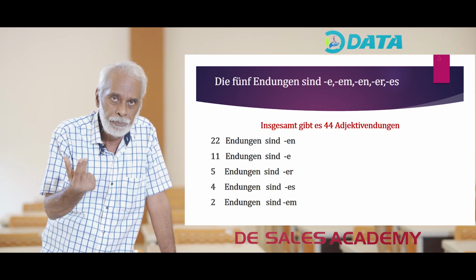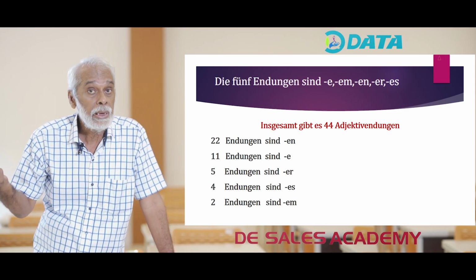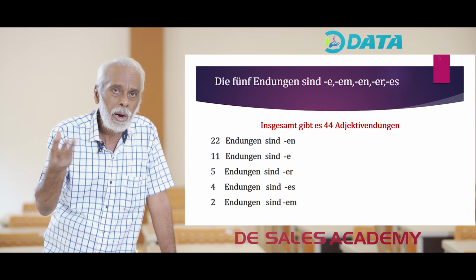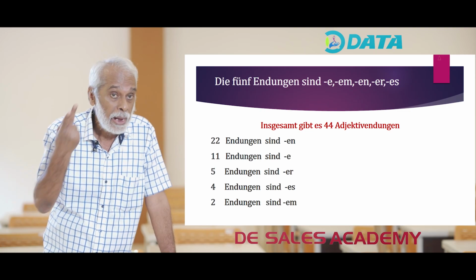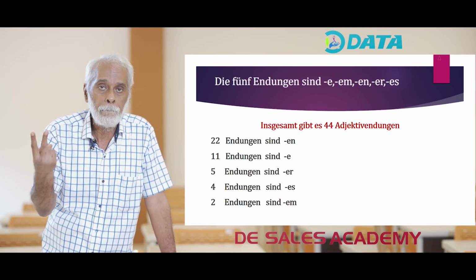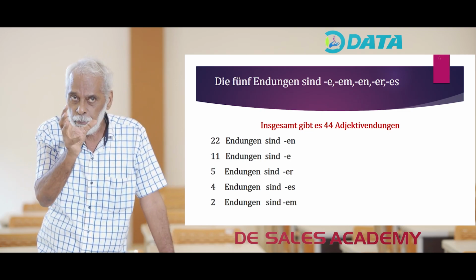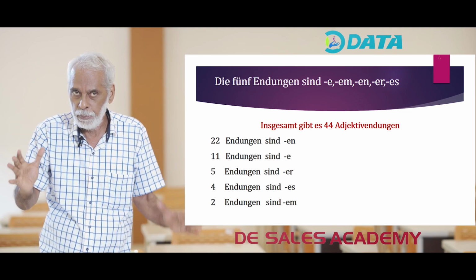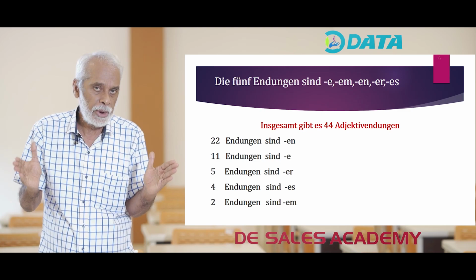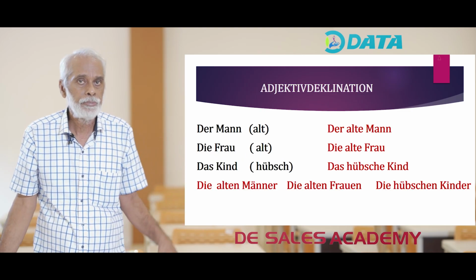Only 11 are e, only 5 are er, only 4 are es, and just 2 em. So with this in mind, if you go through the type 1, type 2 and type 3 tables, then you will understand and have a better look.